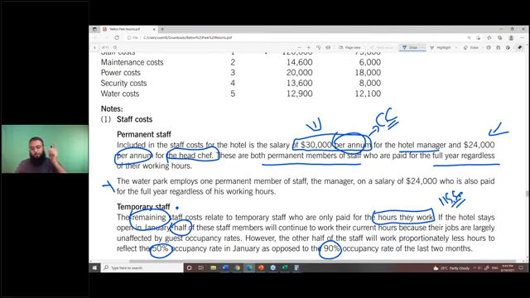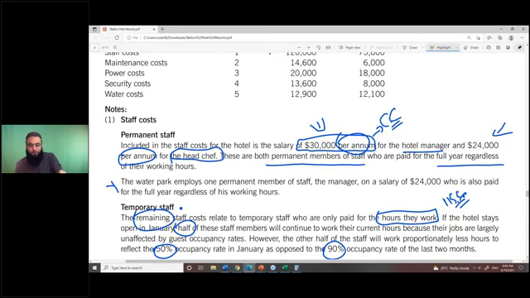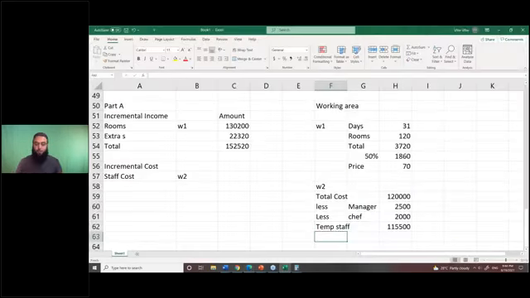Right, now let's begin and see what to do here. The remaining cost basically is the cost of temporary staff. And this is a very important word, and that is half, which means for this cost, you need to divide this by 2.